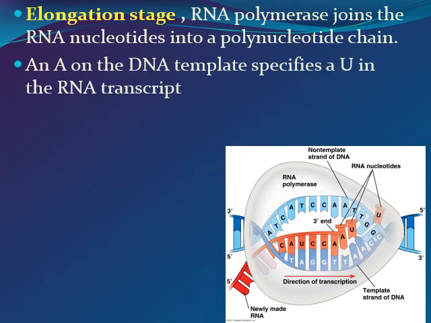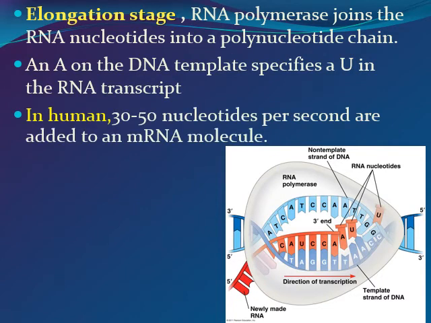Adenine on the DNA template specifies uracil in the RNA transcript. That means there is no T, or thymine, in the RNA. In humans, 30 to 50 nucleotides per second are added to a messenger RNA molecule.